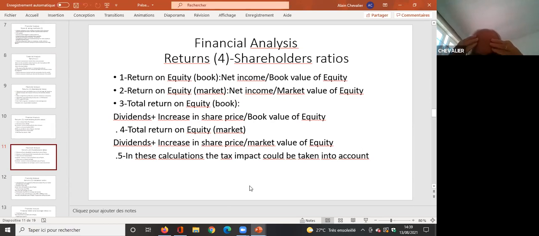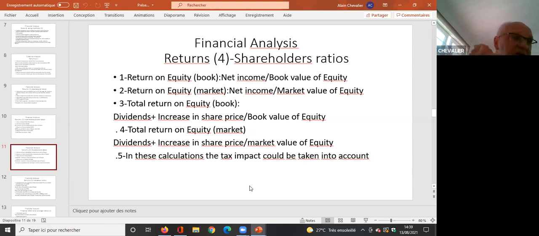So the shareholder, using the traditional approach of the textbook, which is clearly net earnings or net income divided by total equity, will choose in favor of number 1 here in most of the cases, just because he has got the book value of equity, but he doesn't know the market value.